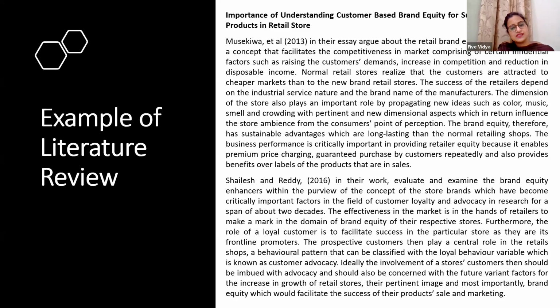Then I take the second paper, cite it here, and whatever I have studied and reviewed in that paper, I write in the second paragraph. So this is just a small example showing the difference between a literature review and an annotated bibliography.